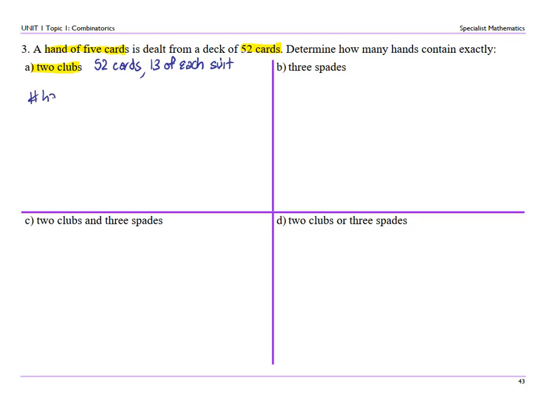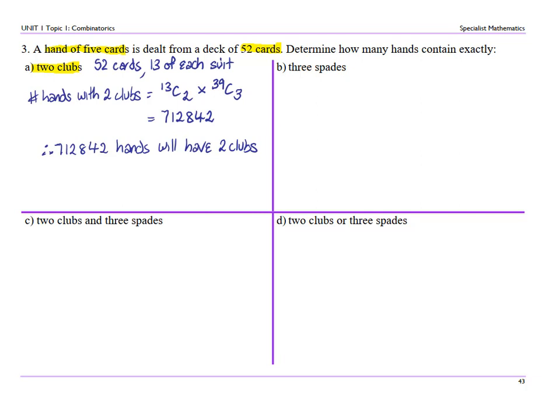So number of hands with 2 clubs means from 13 clubs I want to select 2, and then from the 39 other cards I need to select the other 3. That's 712,842. Therefore, 712,842 hands will have 2 clubs.